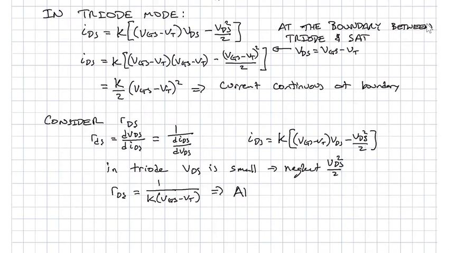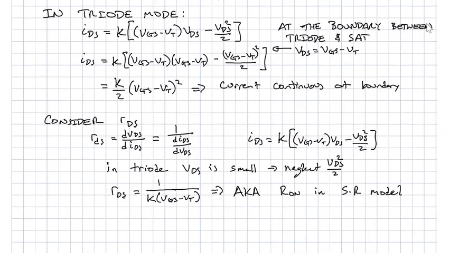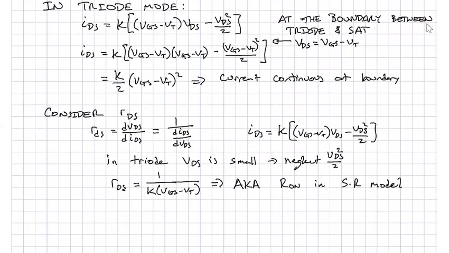And this one is just important to note. This is the same thing we were talking about. We're in triode, so this is what we called our R on in the switch resistor model for the MOSFET operation in triode. But if we didn't want to just do that neglecting operation, we could just take the derivative of the drain source current with respect to VDS.